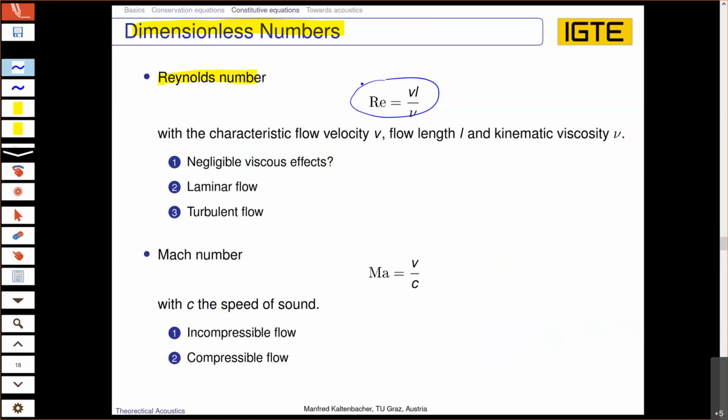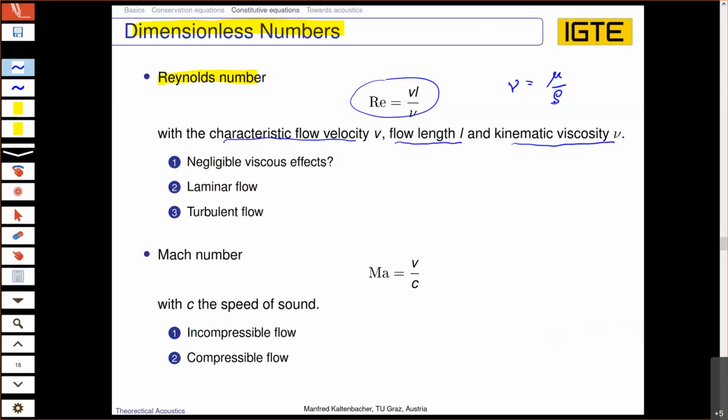So we have here a typical flow length scale. We take a characteristic flow velocity and divide it by the kinematic viscosity nu. And the kinematic viscosity is nothing else than the dynamic viscosity mu over the density.